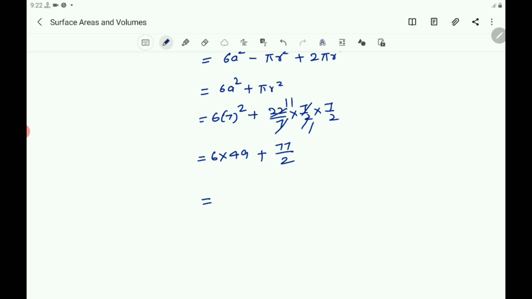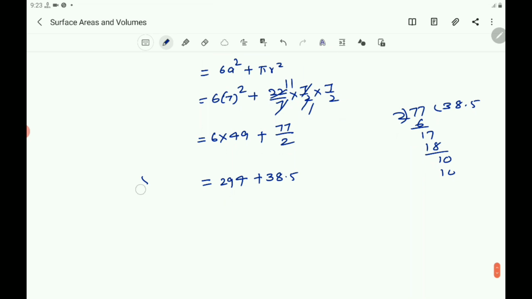Then 6 into 49, 6 nines are 54, 6 fours are 24, 24 plus 5 is 29, so 294, plus 77 by 2. 77 divided by 2 is 38.5. Then it equals 294 plus 38.5.